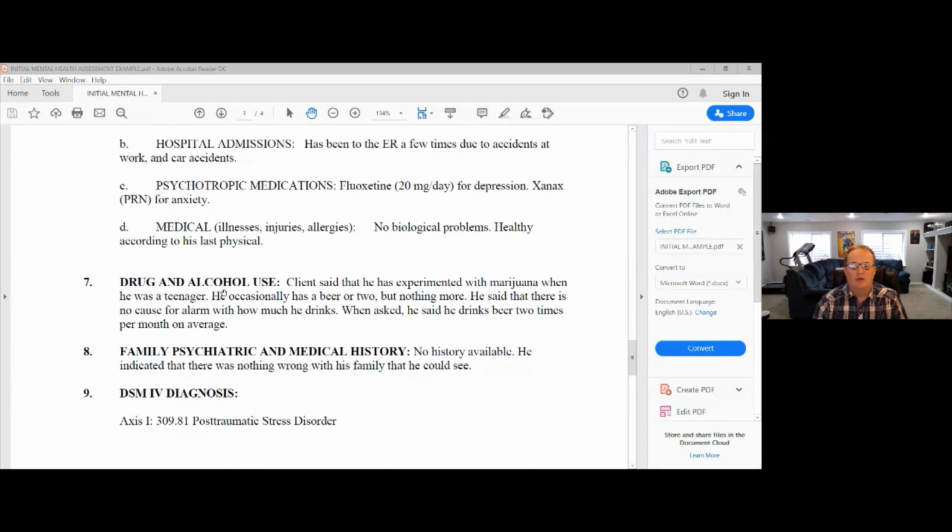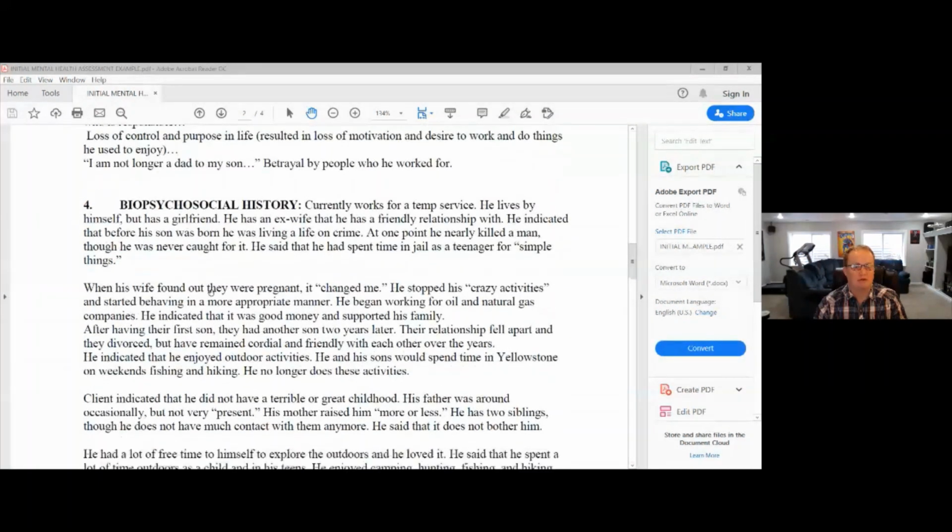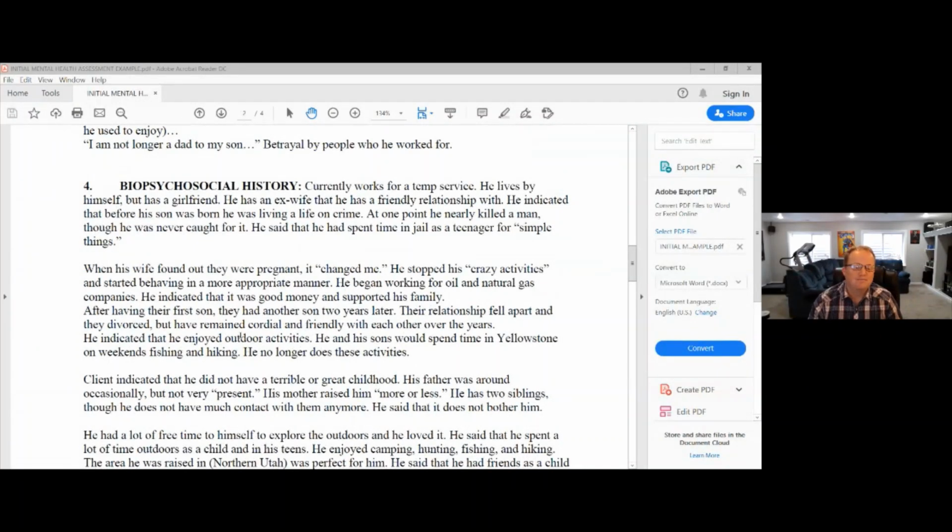Now let's move back up into his biopsychosocial assessment and talk about how developmental theories help us to understand Johnny.